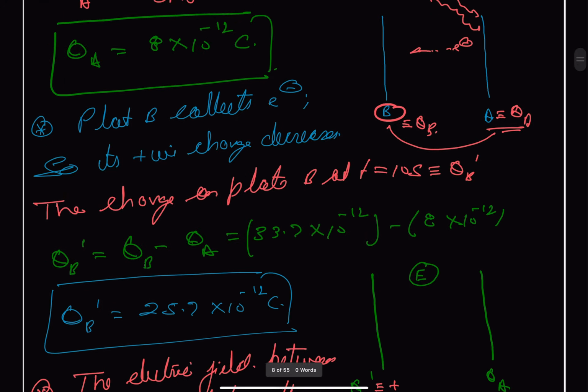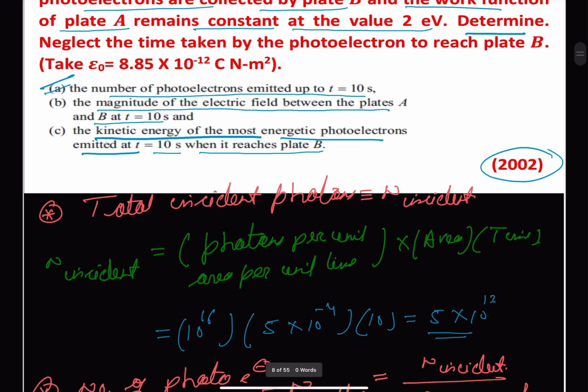And part C, kinetic energy of the most energetic photoelectron emitted at t equal to 0. So in this case, we are basically going to find out our kinetic energy based on our initial kinetic energy, and then we are going to find out the final kinetic energy based on the combination along with the work done.